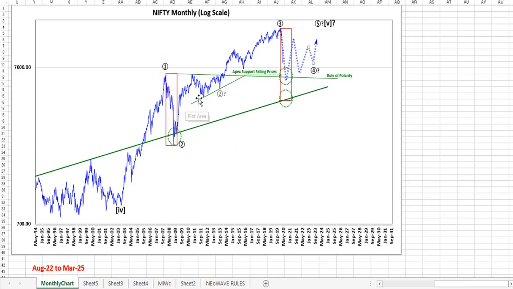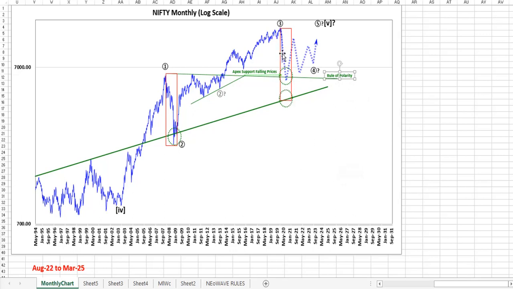Here there is a contracting bias, so we are of the view that this apex will give support, then this resistance line will play the role of support here, and then this resistance line will provide support here, and I think that support is enough to reverse the market. This is on the basis of the rule of polarity.